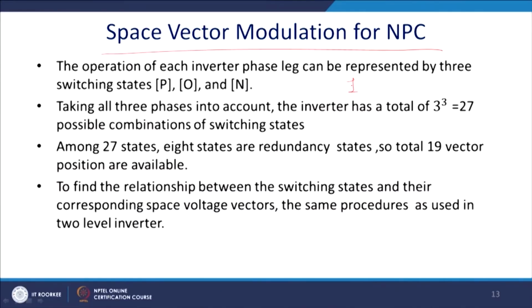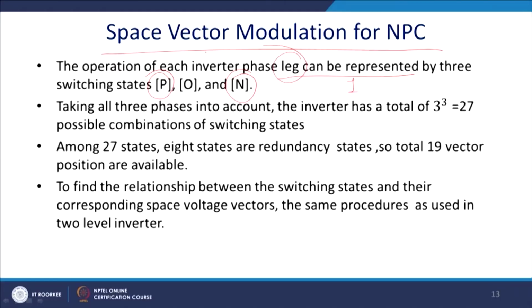We managed with 1 and 0 in case of the 2-level, but since there are 3 levels, we shall state the concept P for the positive, 0 or O for the middle level, and N for the lower level. This is the convention we are following. We have taken this convention from Bin Wu's book.